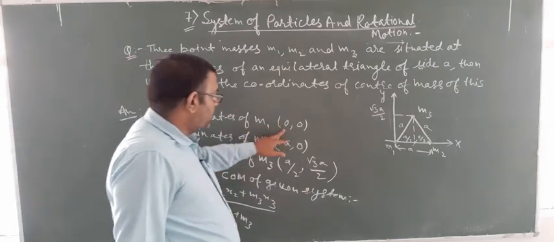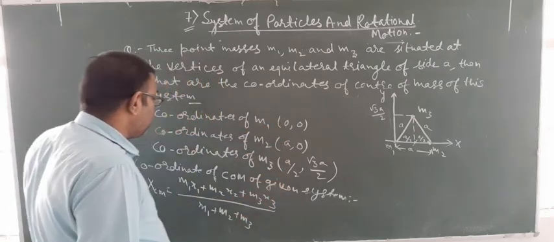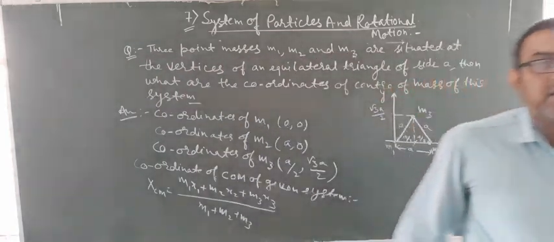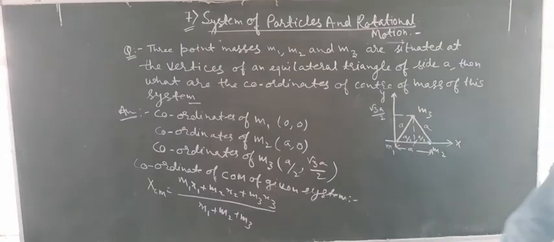Clear? Now x1 is 0, x2 is a and x3 is a by 2, and the masses are M1, M2 and M3.